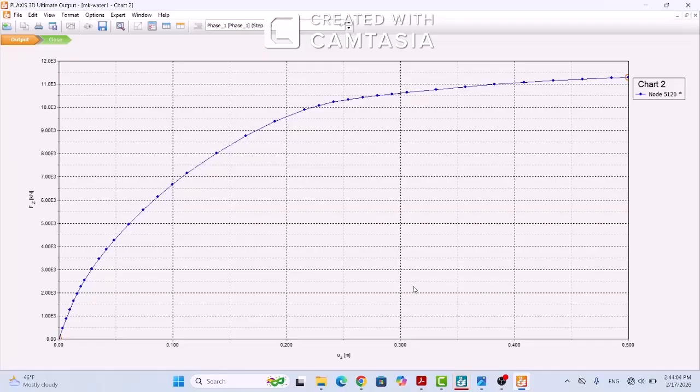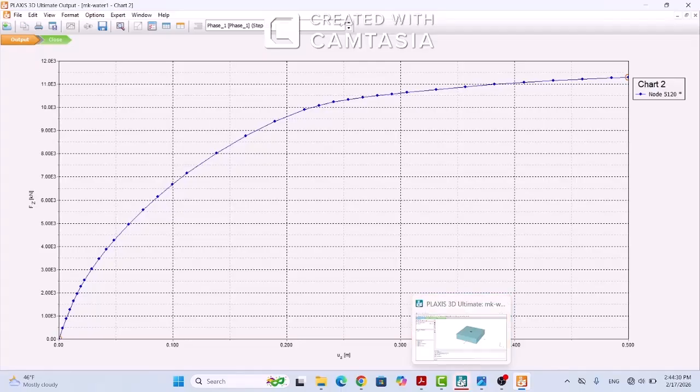Okay, so we can see that the bearing capacity is about 11,000, between 11 and 12,000 is bearing capacity. So we are going to compare this bearing capacity of drained condition with undrained condition.